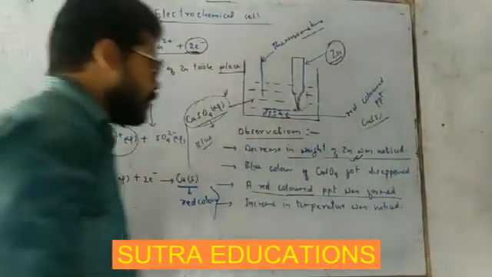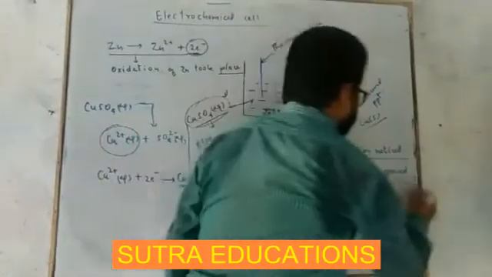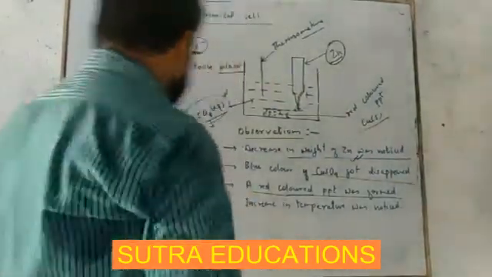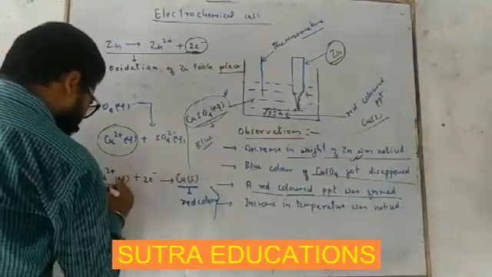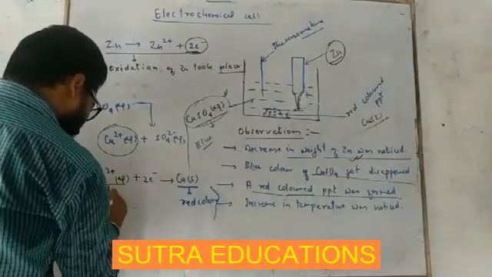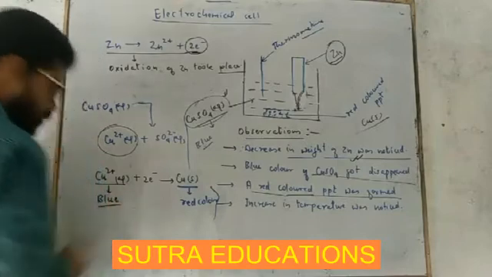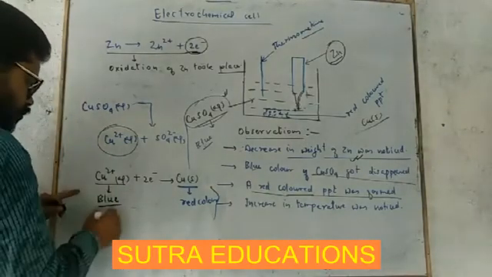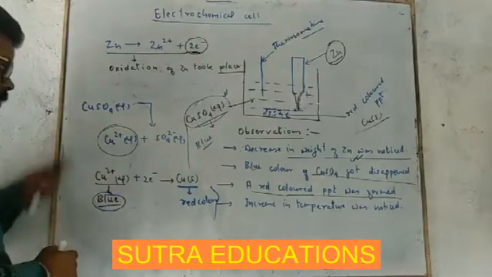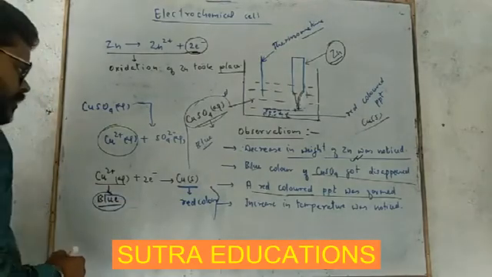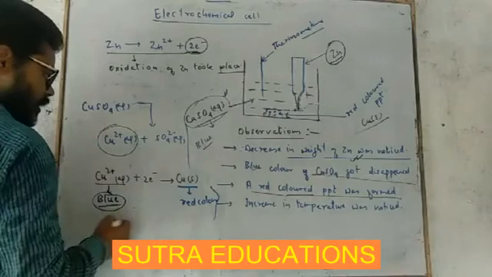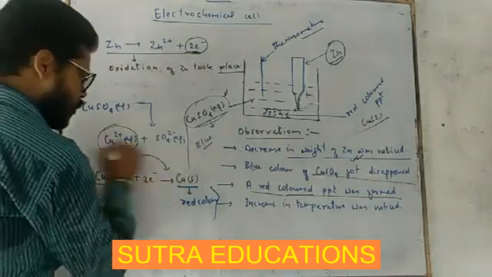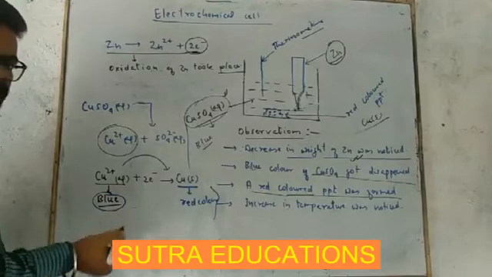Again it is written here, blue color of copper sulfate got disappeared. Blue color of copper sulfate is due to Cu2+ ion. This is responsible for the blue color of copper sulfate. So you can clearly see this Cu2+ is accepting 2 electrons and getting reduced to form the red color precipitate, that is copper.